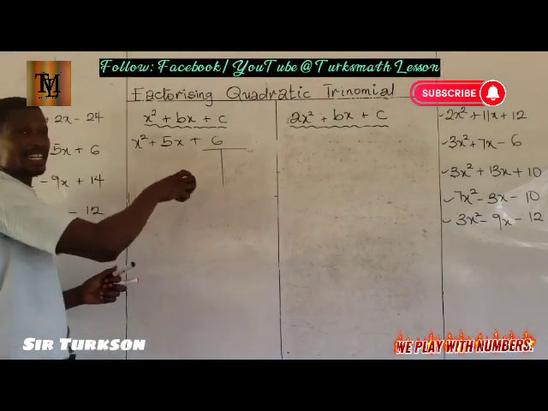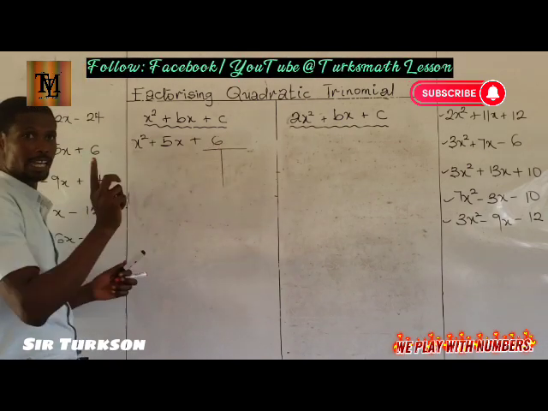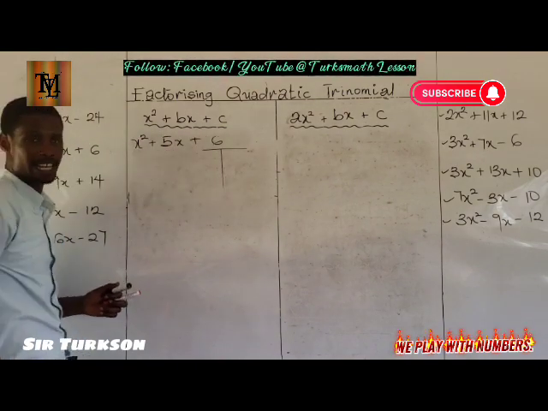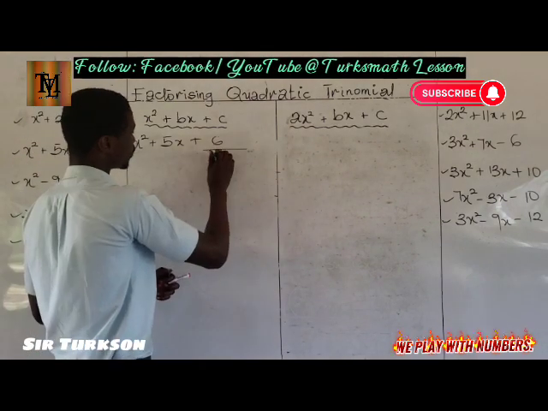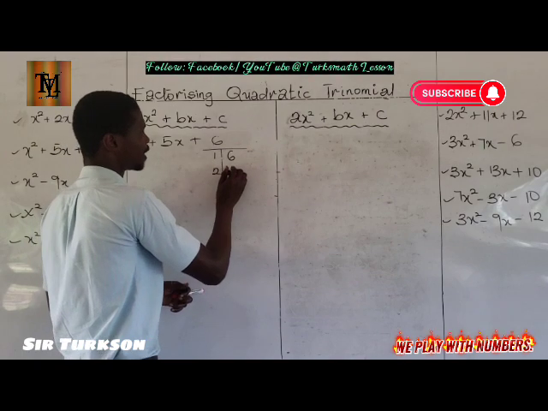When you are operating under the first form, just go straight forward and find the factors for the constant number. So what are the factors of 6? That is 1, 6. 2, 3.